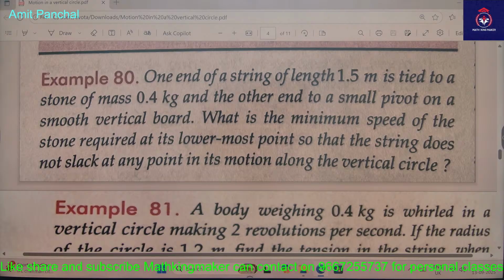Tension at the lowest point is equal to m divided by r into v square. We are not talking about tension. What is the minimum velocity? But we only found it at the top. We didn't find it for the bottom.